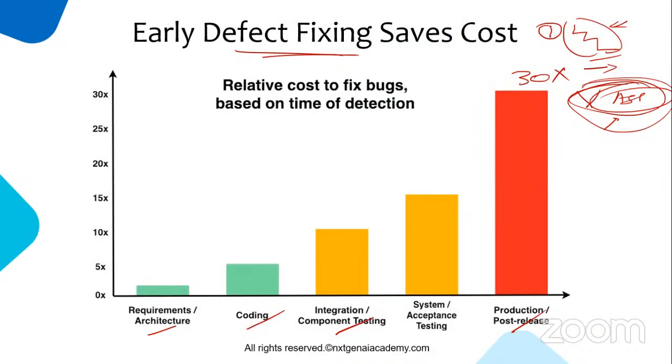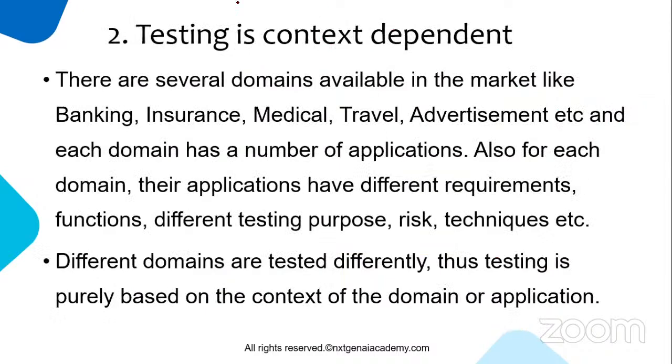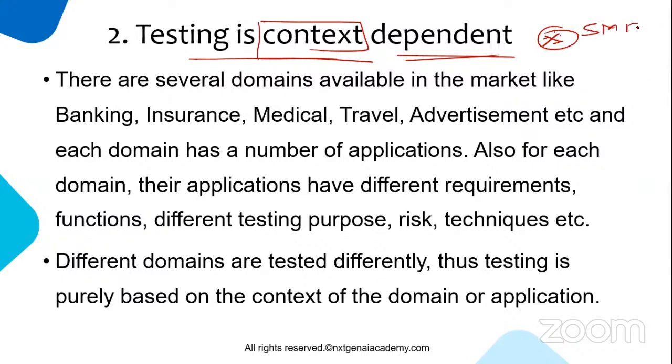The company's organization model itself will decide this. This is the next one: testing is context dependent. A very, very important one, to be frank. And the good part is we have something called SME and BA. These are roles you would have heard about.